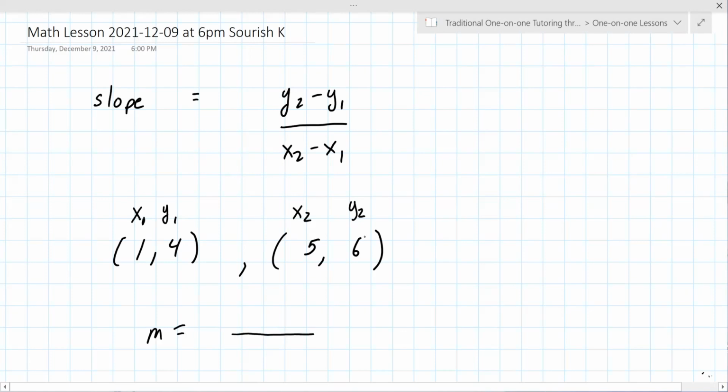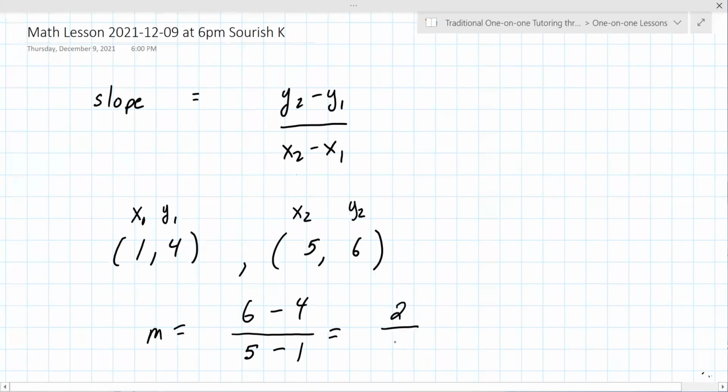You take y2, 6, the second y, minus the first y, 4, over the second x minus the first x. So we're just taking the numbers and putting them into this formula. Then you subtract. What is 6 minus 4? 2.